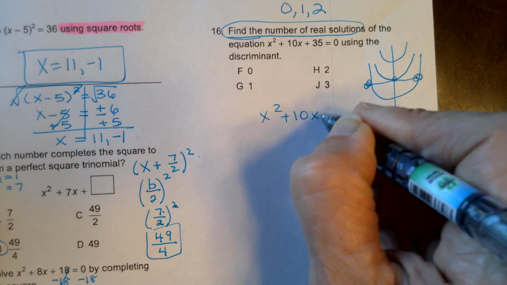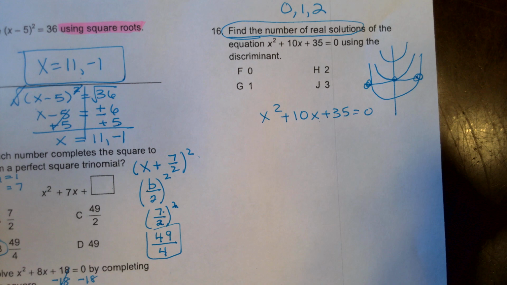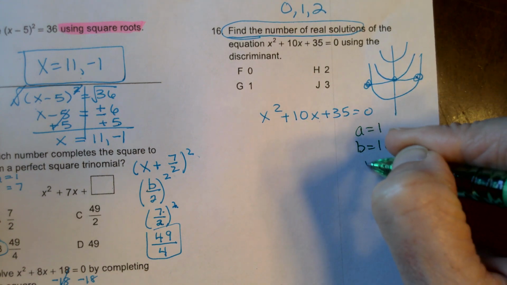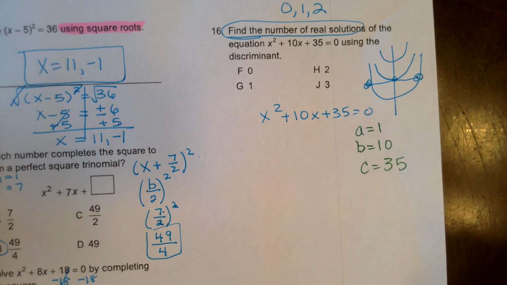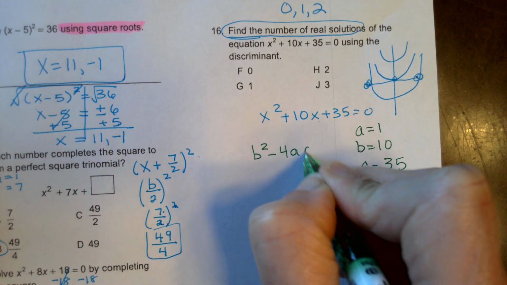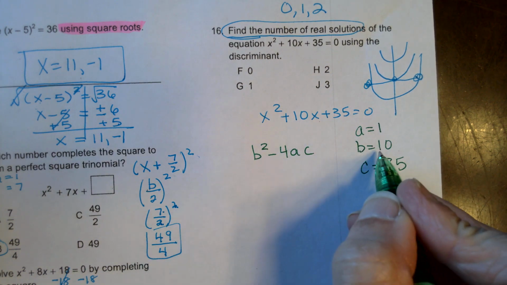So I have this, and you're going to put A equals 1, and B equals 10, and C equals 35. And we're going to use our B squared minus 4AC. That is what determines it. Let's solve that. B is 10.